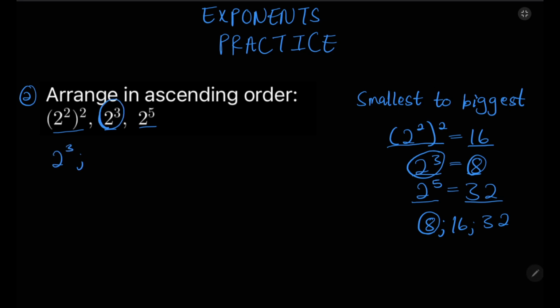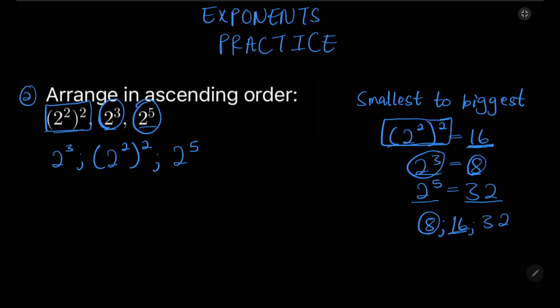Now we have 16. Where's 16? 16 is this one. So we write that one, which is 2 to the power 2, outside of bracket we have 2. And lastly, what are we left with? We're left with 2 to the power 5. So let's write down 2 to the power 5.